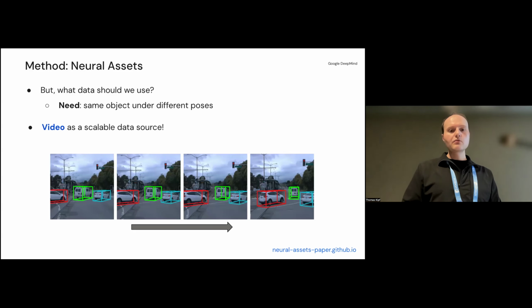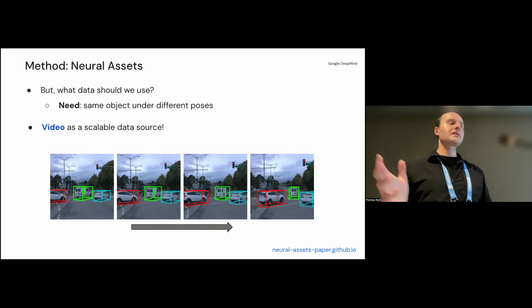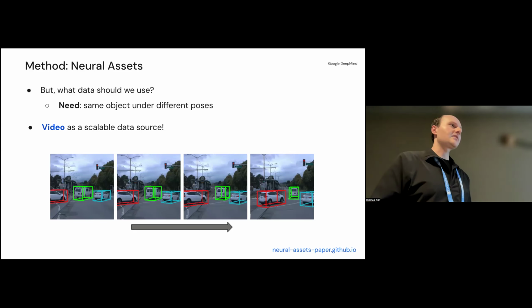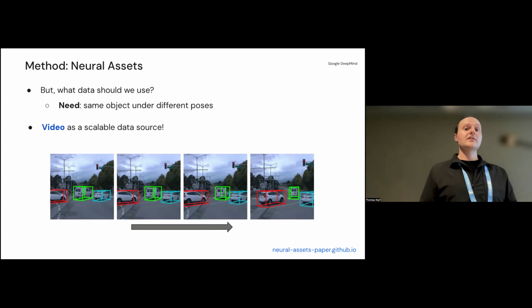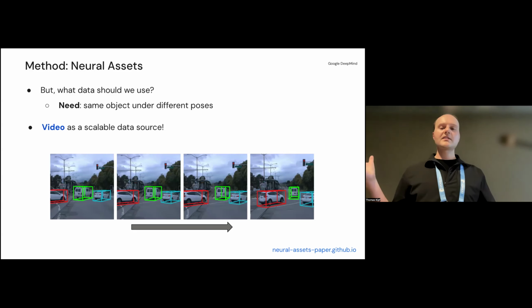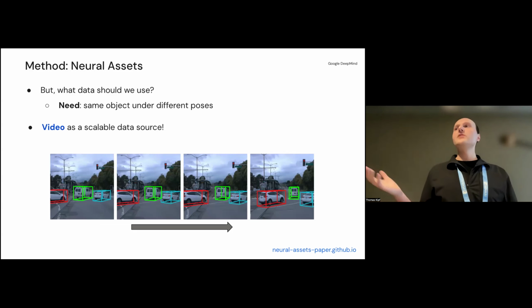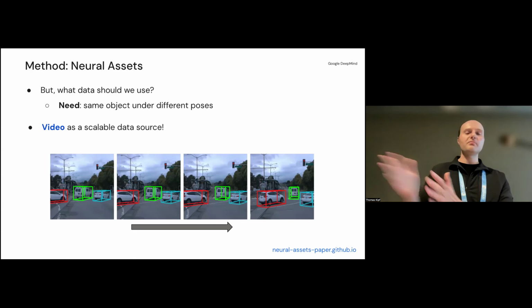So the key to unlock this at scale is to find a scalable data source. We figured that video is actually a really good data source for that, because naturally things change in their poses. You naturally have edits in those scenes, but you usually don't have annotations for these pre-post edit pairs.